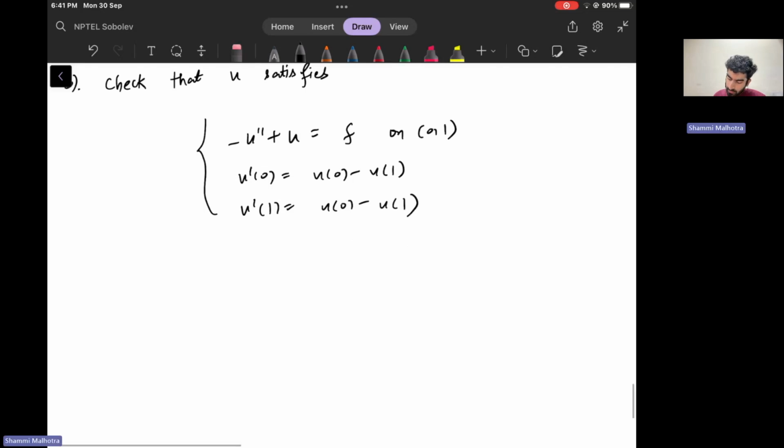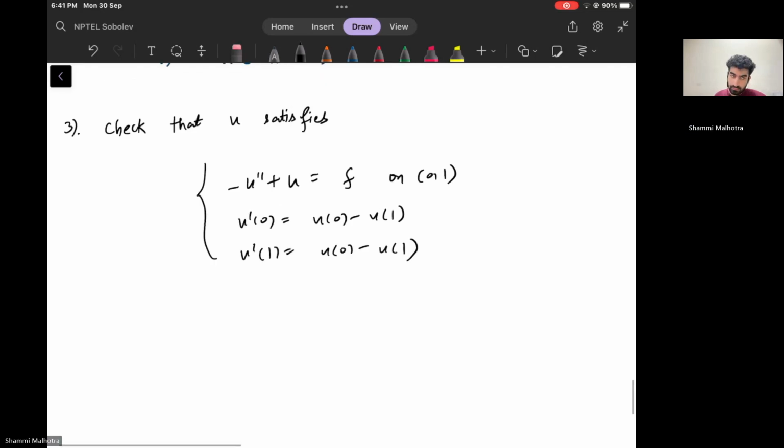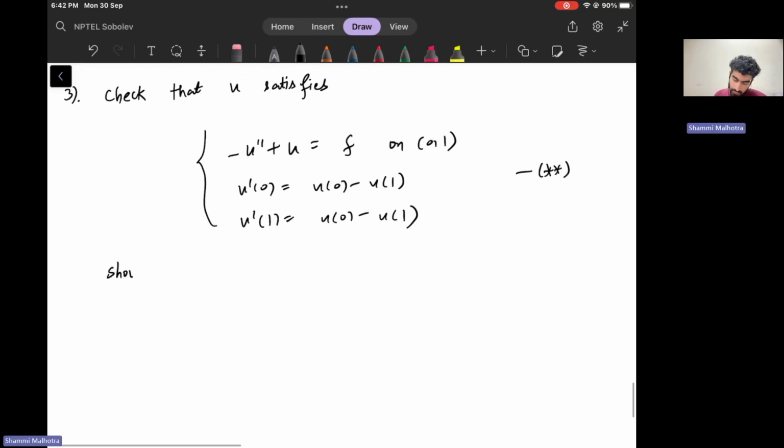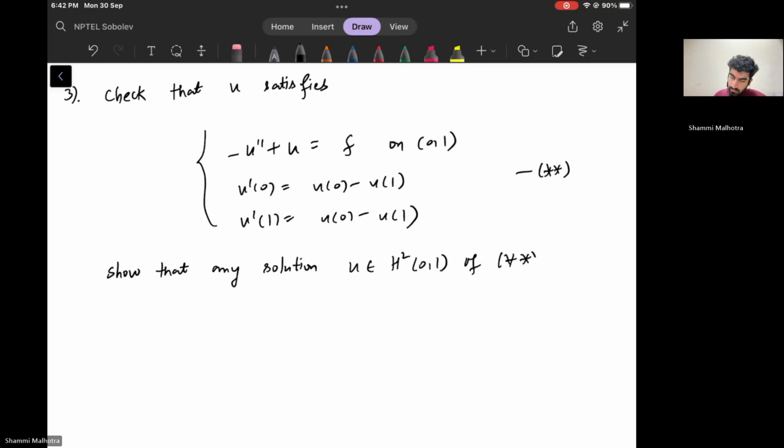And if I name this to be double star, so that any solution u belonging to H^2(0,1) of double star satisfies star only.